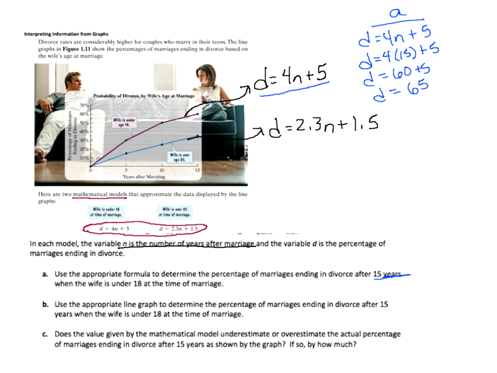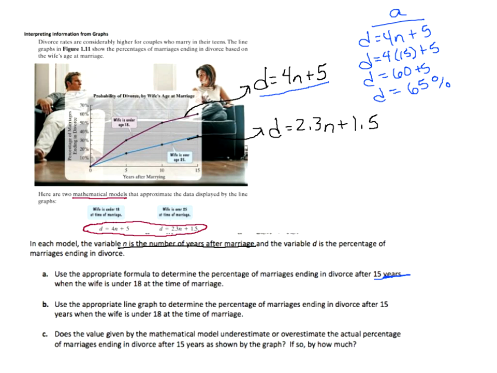D equals 65. That's a percentage. Remember, our Y value, or in this case our D value, is standing for percentages of marriages ending in divorce. So what that model tells us is that 65% of the marriages end in divorce within 15 years if the girl was less than 18 when they got married.